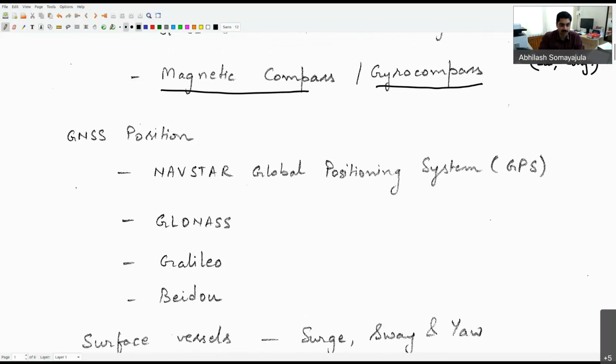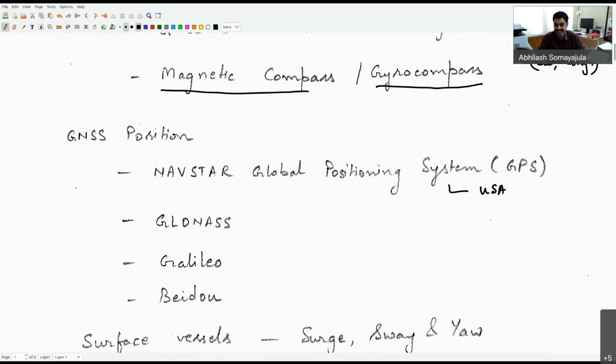This was started off by the US, still continues to be owned by the USA, and was primarily started for military purposes in the 1980s. When they started off, they did not have global coverage, which means that they could not localize anywhere on the Earth. They could mostly localize primarily in the US airspace.